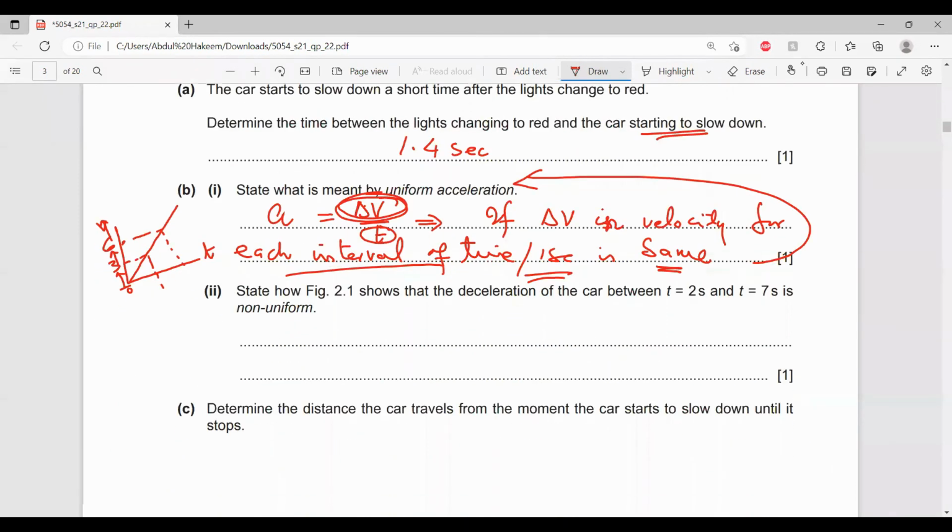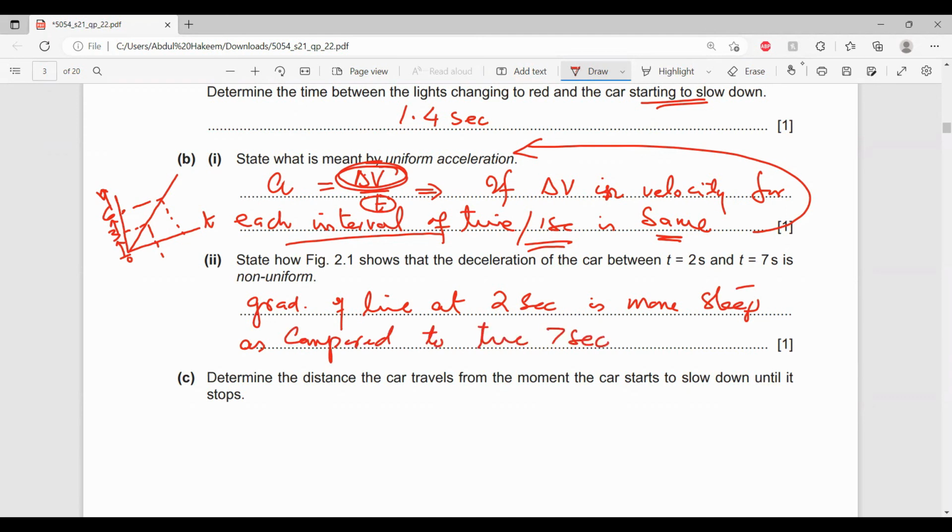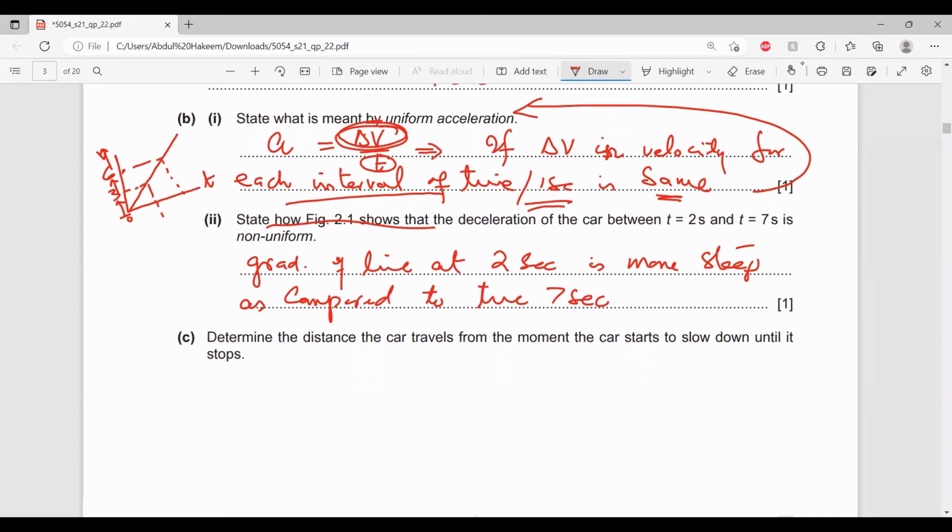So we will write here: the gradient of the line at 2 seconds is more steep as compared to time 7 seconds. This is the reason it is not uniform.